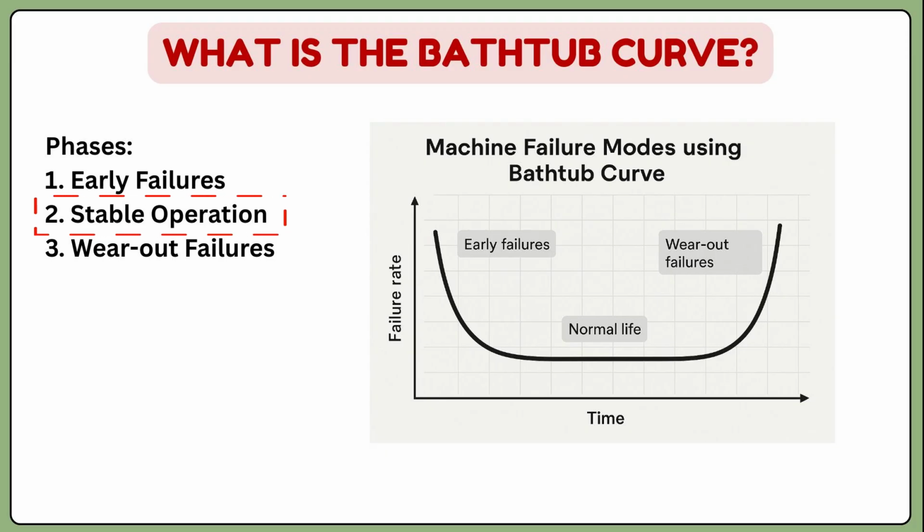That indicates the machine is stable, the life is stable and the machine is running smoothly. And the last part, which is again lifting up, represents the machines that fail after a certain age, maybe after a 2-year lifespan or maybe a 5-year lifespan. It depends on that. So let's discuss these phases one by one.